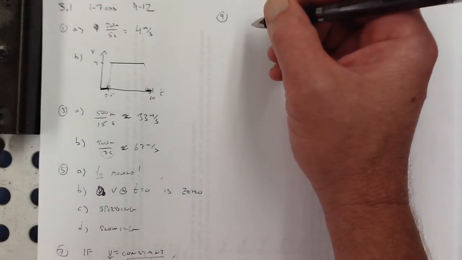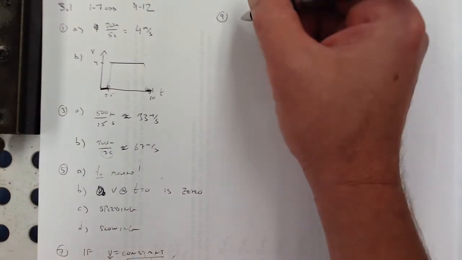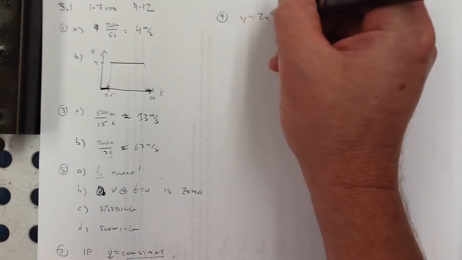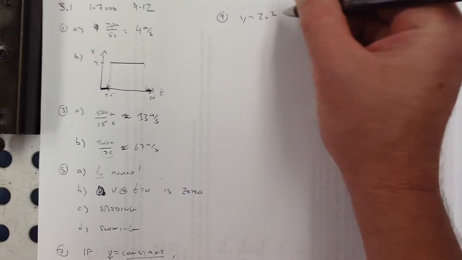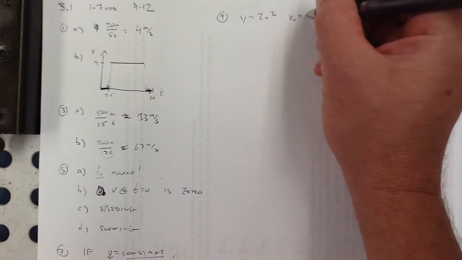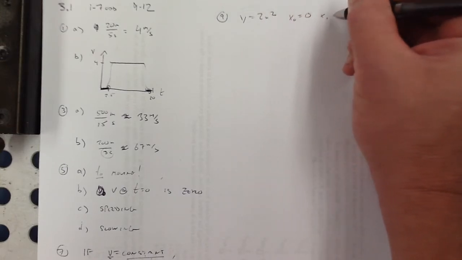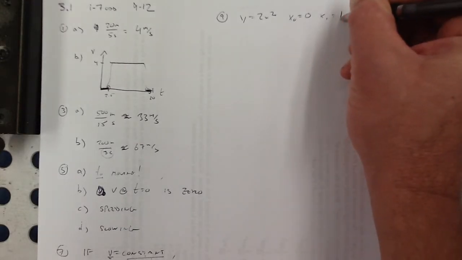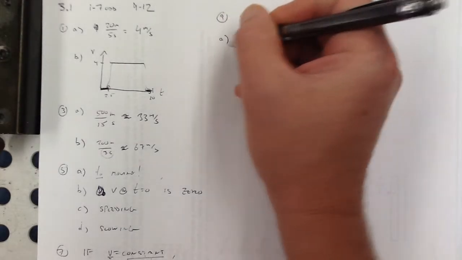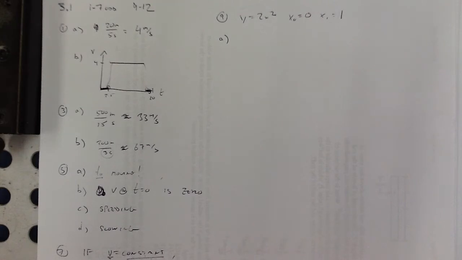So let's just see if we understand the parts here. In number 9, I've got y equals 2x squared, and x sub 0 is 0, and x sub 1 is 1. For part A, find the average rate of change of y with respect to x over the interval. That's like the slope of a secant line.